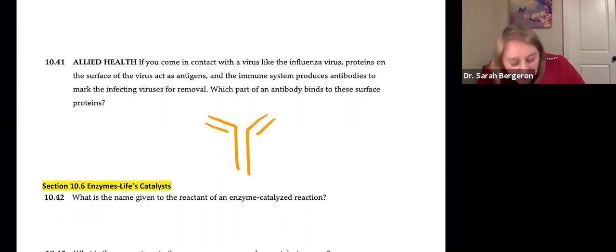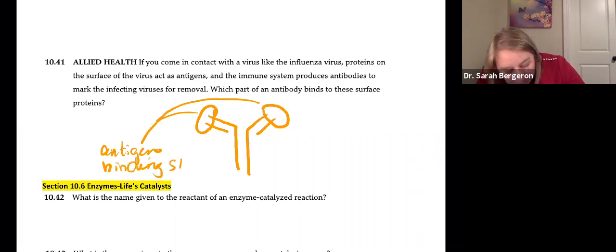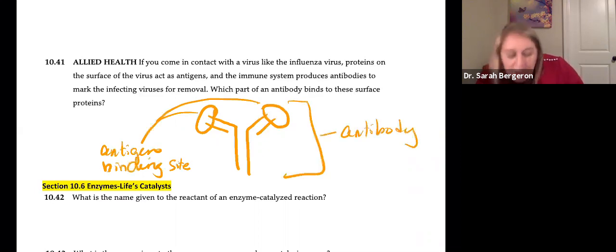And so it's at the end of the combination between the light chains and the heavy chains, and this is called the antigen binding site. Right? This whole thing is an antibody. And antibodies recognize antigens. Well, what part of the antibody recognizes the antigens? It's these antigen binding sites.